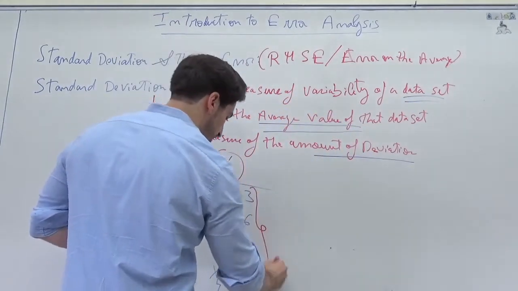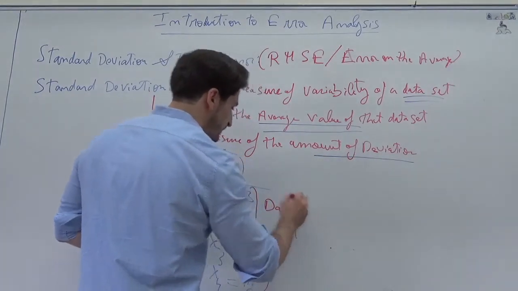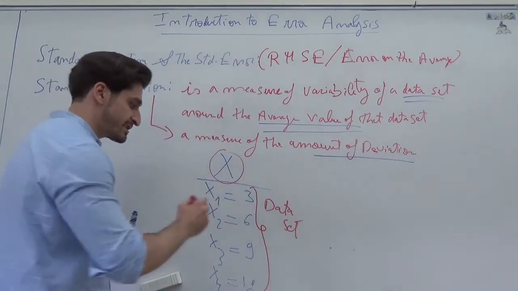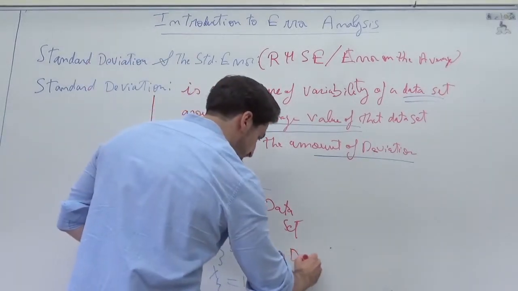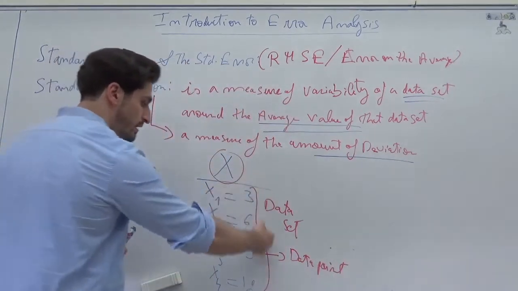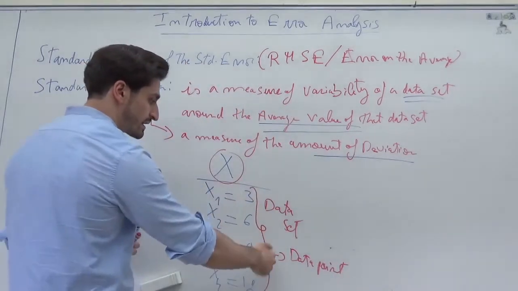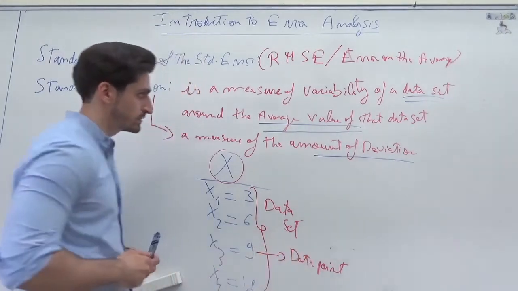Each individual value alone we refer to as a data point. So the entire collection is a data set, while each point individually is a data point.